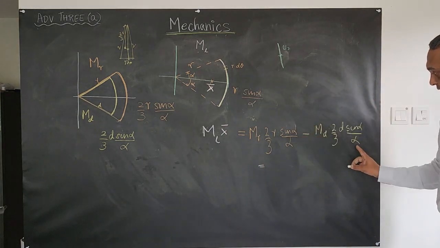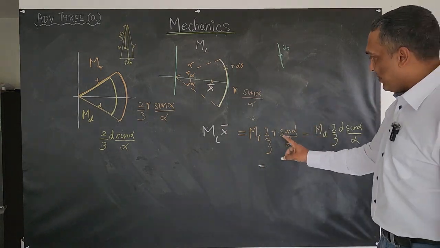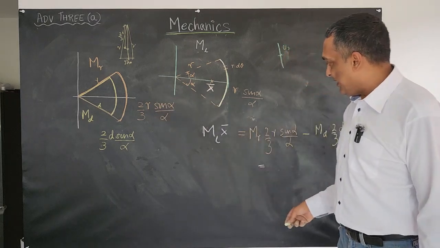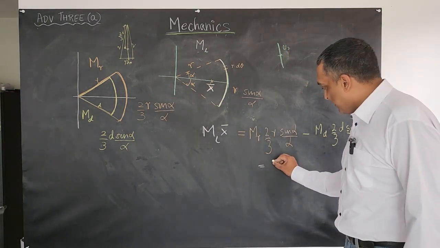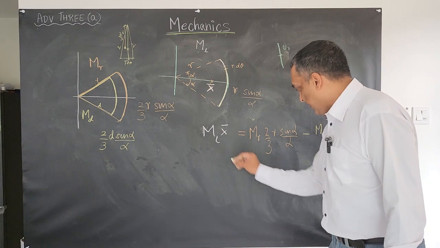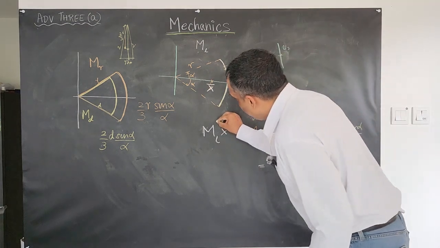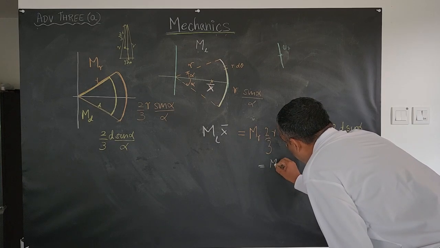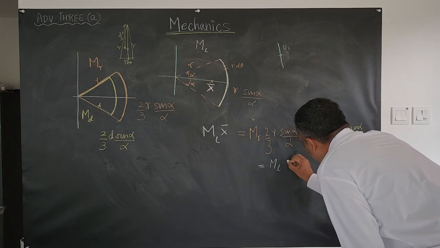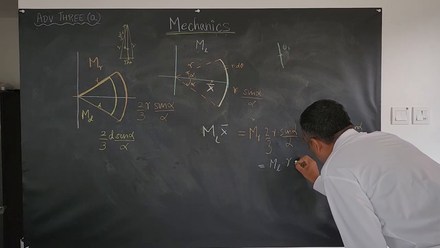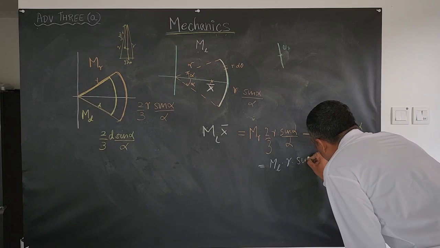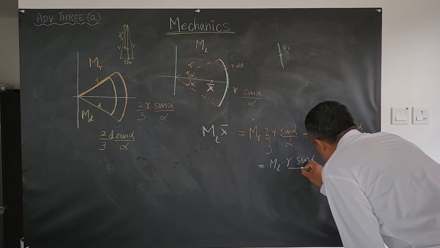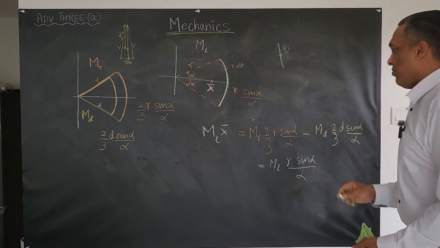You'll get the alpha component on that side as well, and if I brought this out, you will end up with m L times r, and here you'll have sine alpha by alpha. And this is the math you can play with.